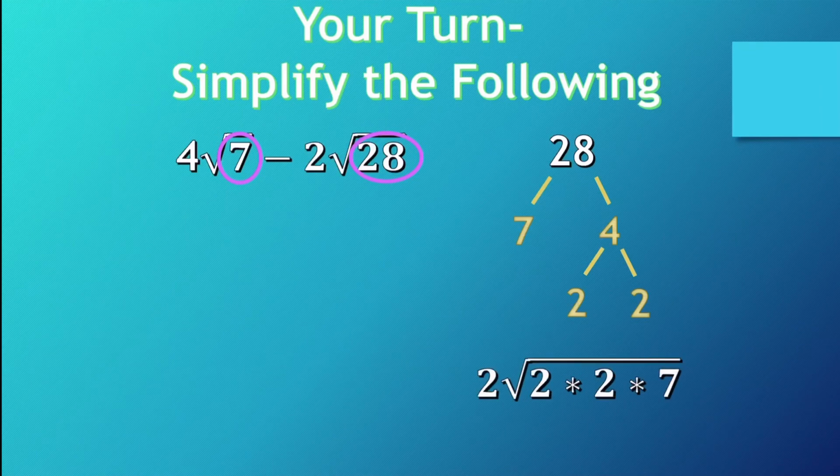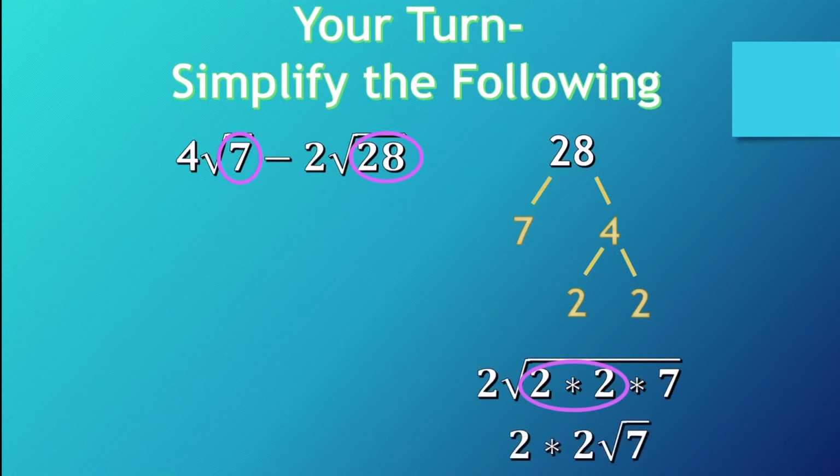Now hold on. There's a 2 outside there. Why? Well, if you go back to the original problem, it was 2 times the square root of 28. I haven't pulled anything out yet, but I'm bringing down exactly the term that I was working with. It's a square root, so I need a pair.